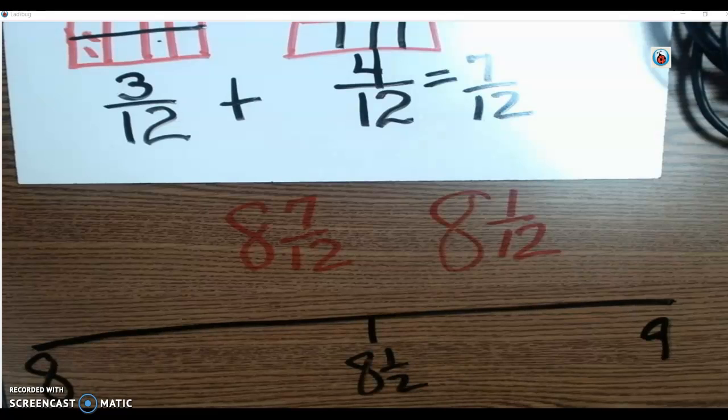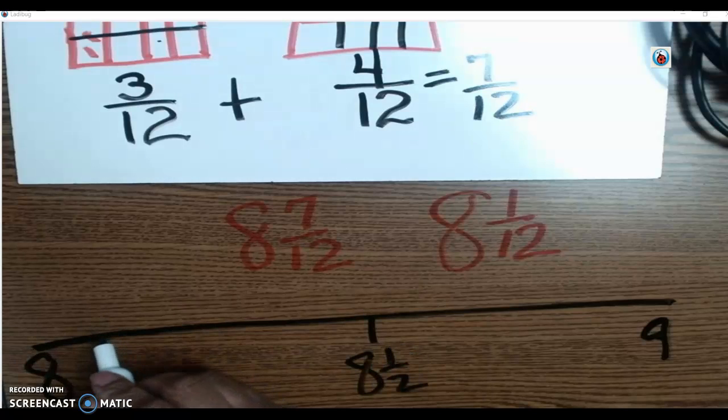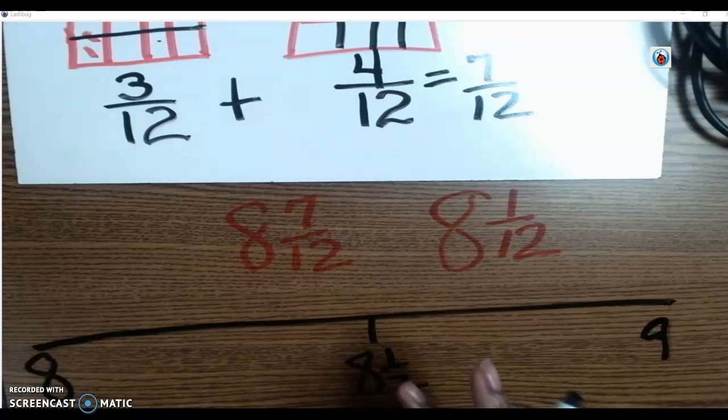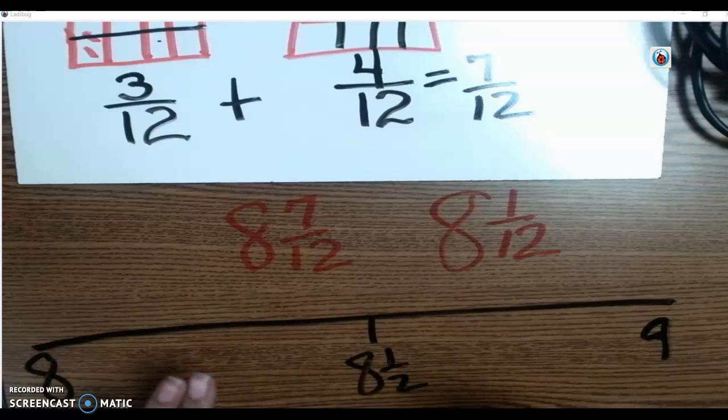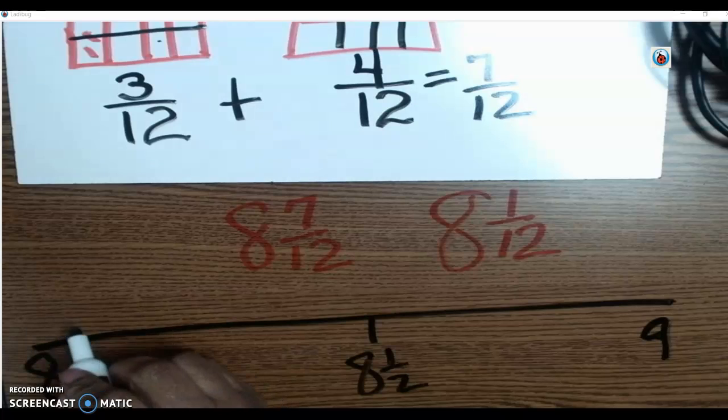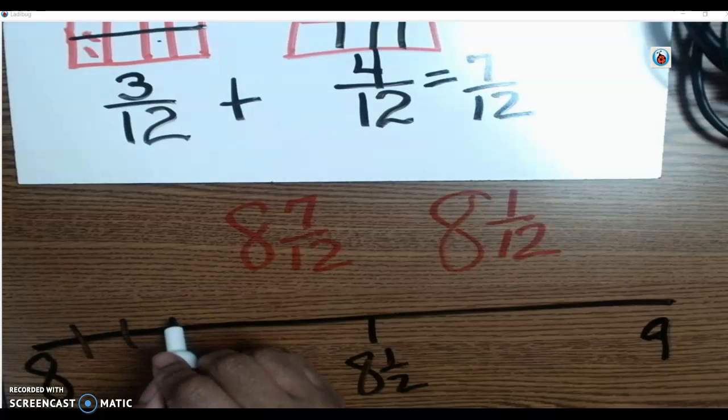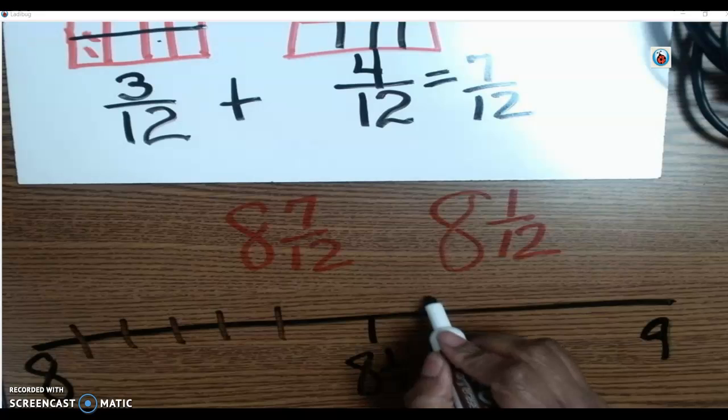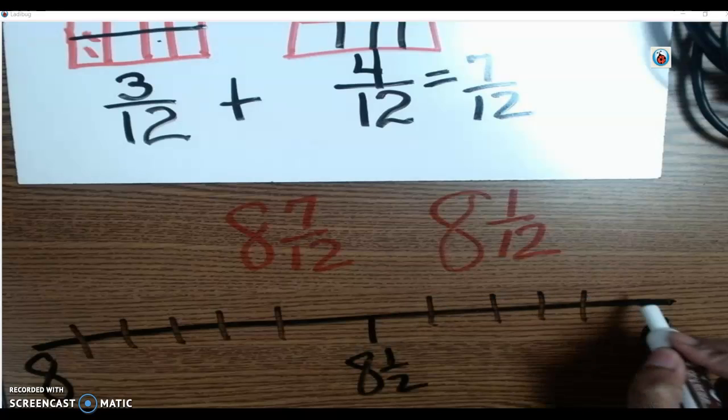But we're really asking about this 8 and 7 twelfths. So we need to split this up into twelfths. I know if we're going to do twelfths, we need to have 11 marks. So if I do 5 and 5, that's 10, and then the one in the middle makes 11. So 1, 2, 3, 4, 5. 1, 2, 3, 4, 5.